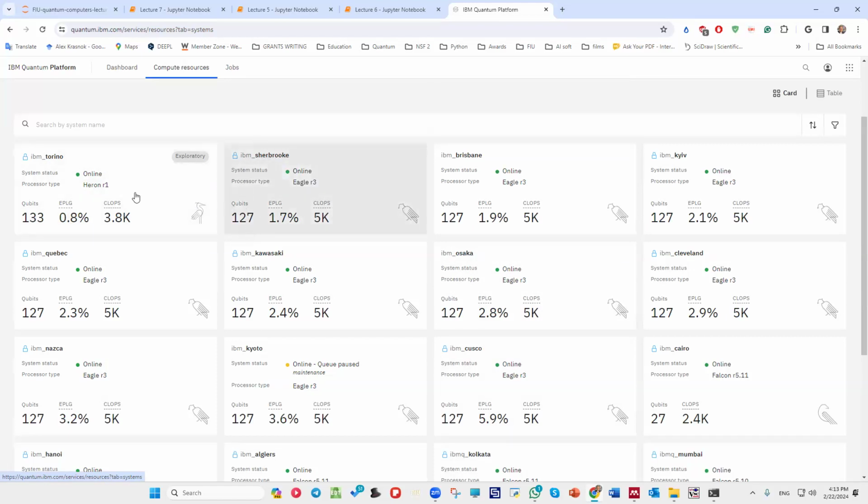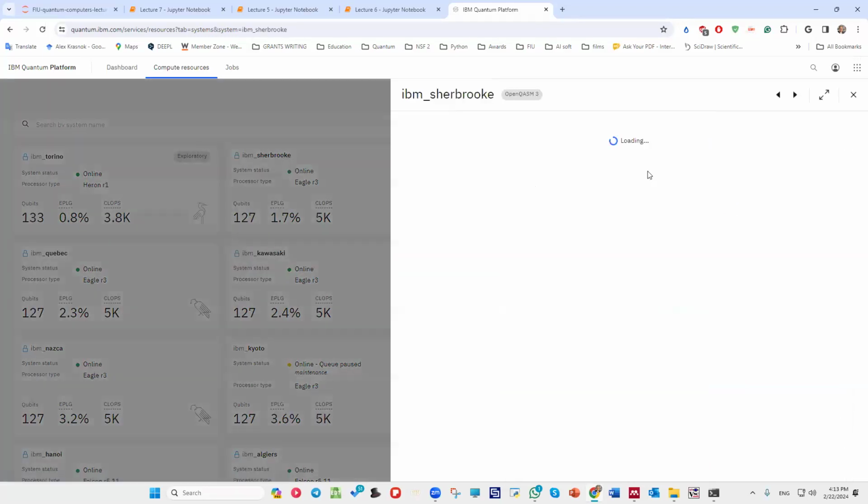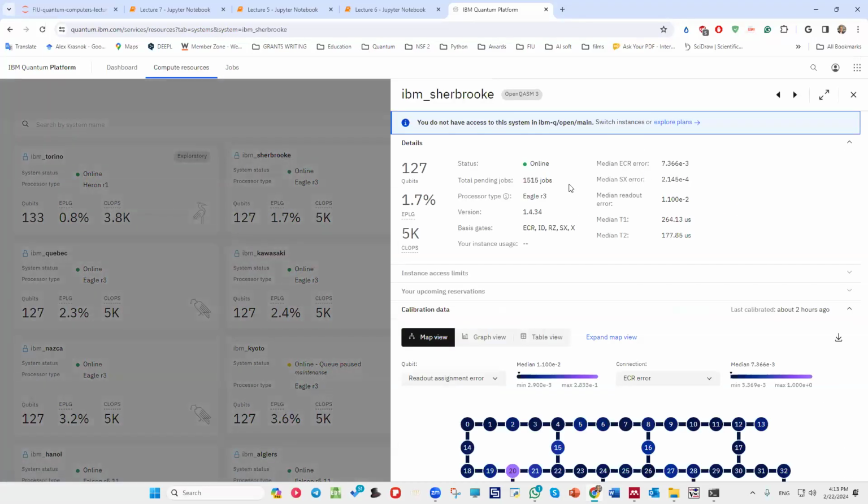And let us check the parameters of this. So let's, for example, look at this Sherbrooke quantum processor. Here, the details indicate that this processor has 127 qubits.